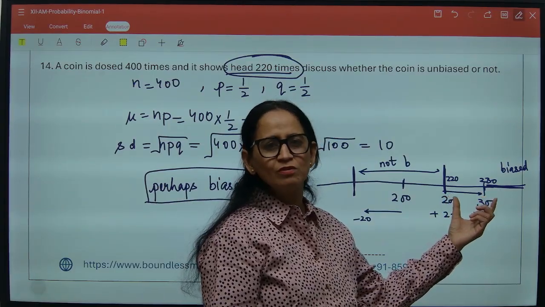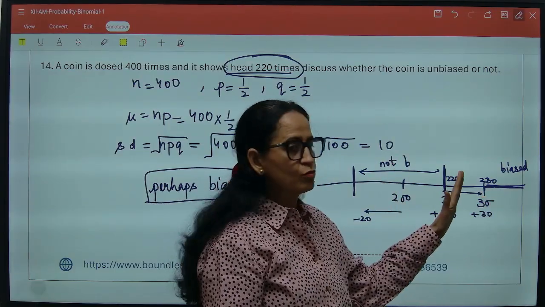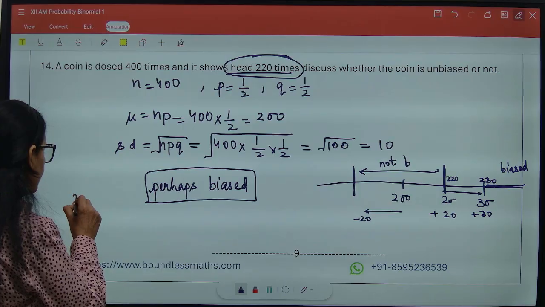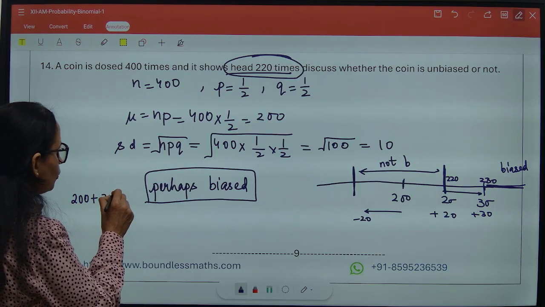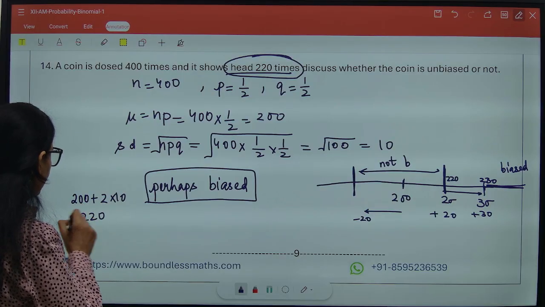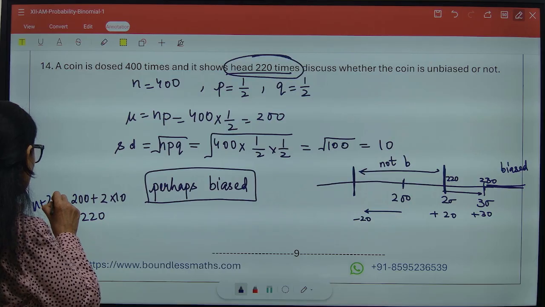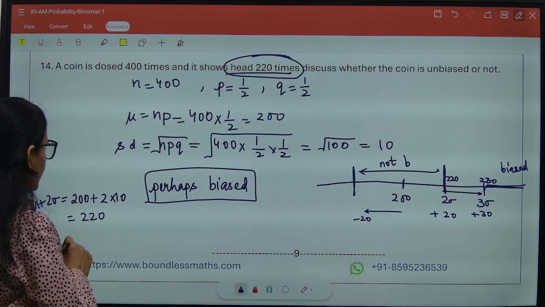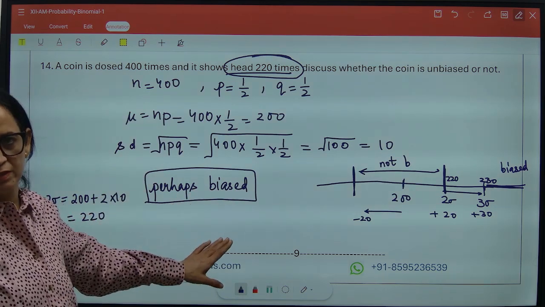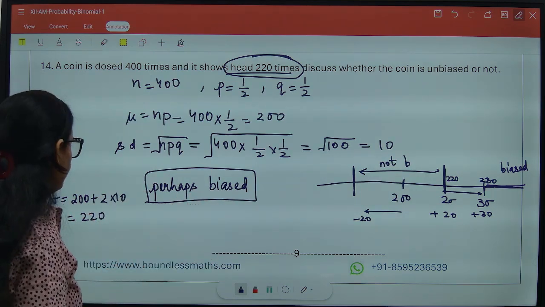It is exactly 2 sigma, crossing mean plus 2 sigma, right? Because 200 plus 2 into 10 is equal to 220. So it is mu plus 2 sigma comes out to be 220 and the given value is also exactly 220. That means the coin may be biased. So this is what you need to specify.